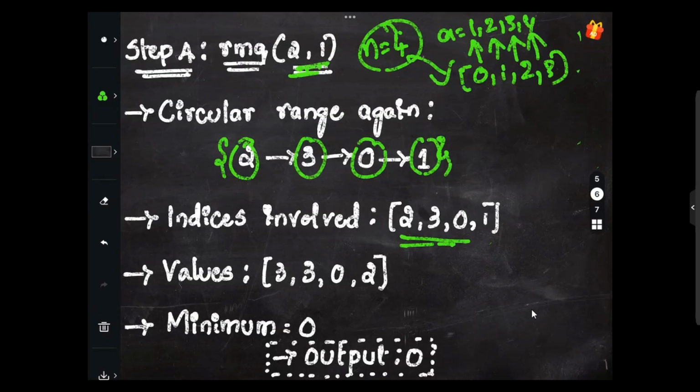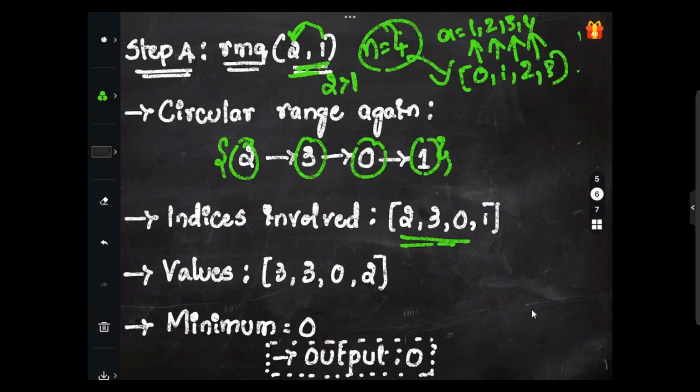We have the query 2 and 1, and this 2 is greater than 1. As 2 is greater than 1, this means we have to go with the circular range. If the first value is greater than the second value, we have to go with the circular range.